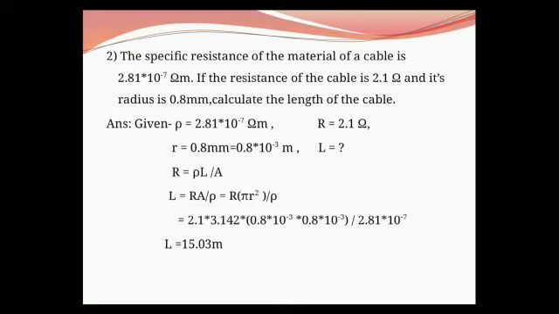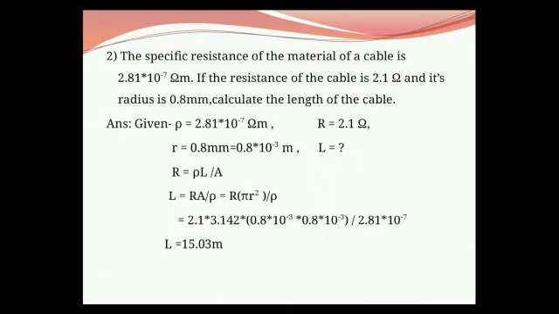The specific resistance is 2.81 into 10 raised to minus 7 ohm meter, the resistance of the cable is 2.1 ohm and its radius is 0.8 millimeter. When we convert it into MKS unit, we get r equals 0.8 into 10 raised to minus 3 meter, and we have to calculate the length of the cable.